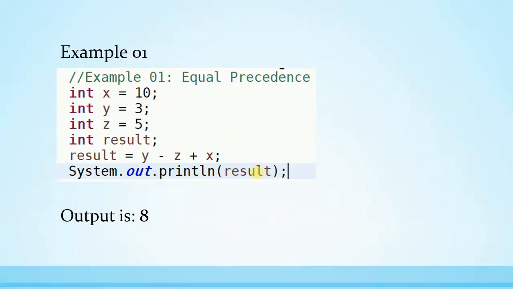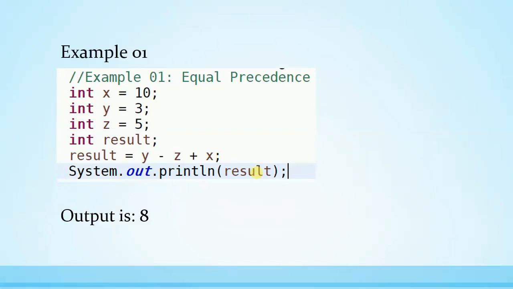So this example shows how an operator is evaluated when there is an equal precedence. Here plus and minus is at the equal precedence, and we know that assignment is the last precedence, so that's why the result 8 is assigned to the variable result. So that's how the expression is evaluated here, and you are seeing the output as 8.